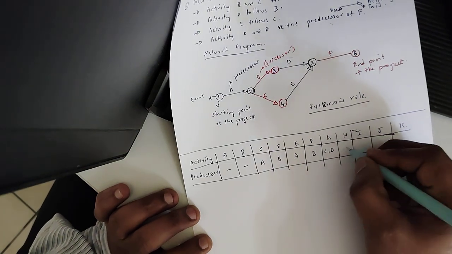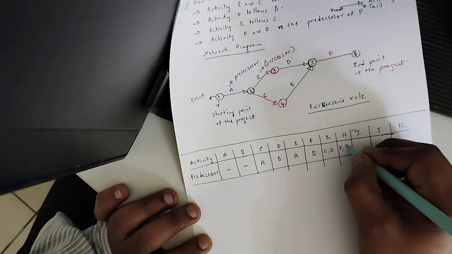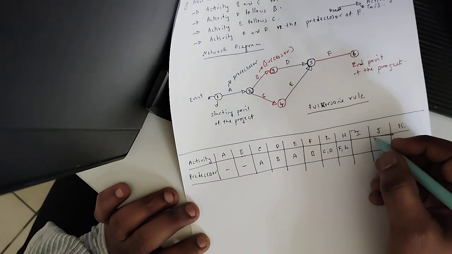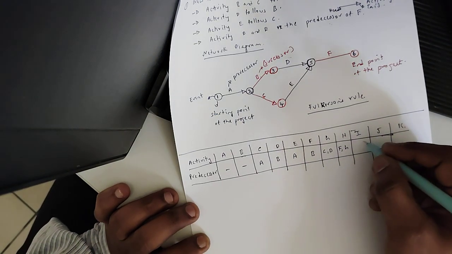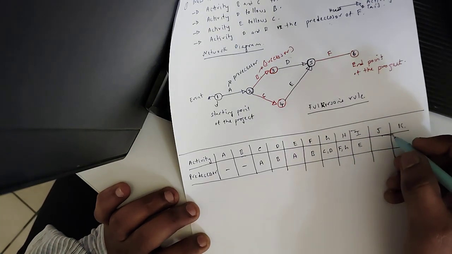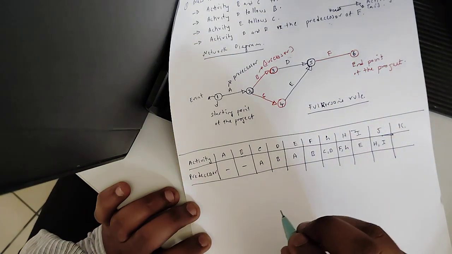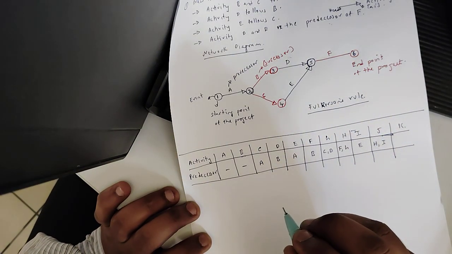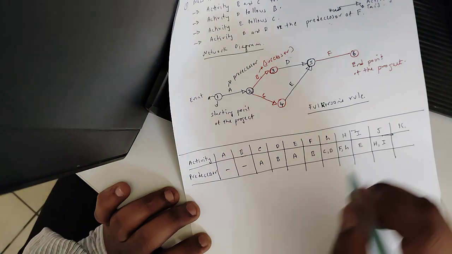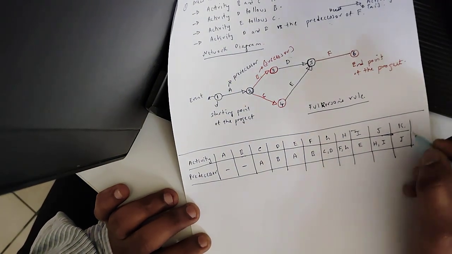F, comma, G is the procedure for H, then E is the procedure for I, and H comma I will be the procedure for J, and J is the procedure for K.